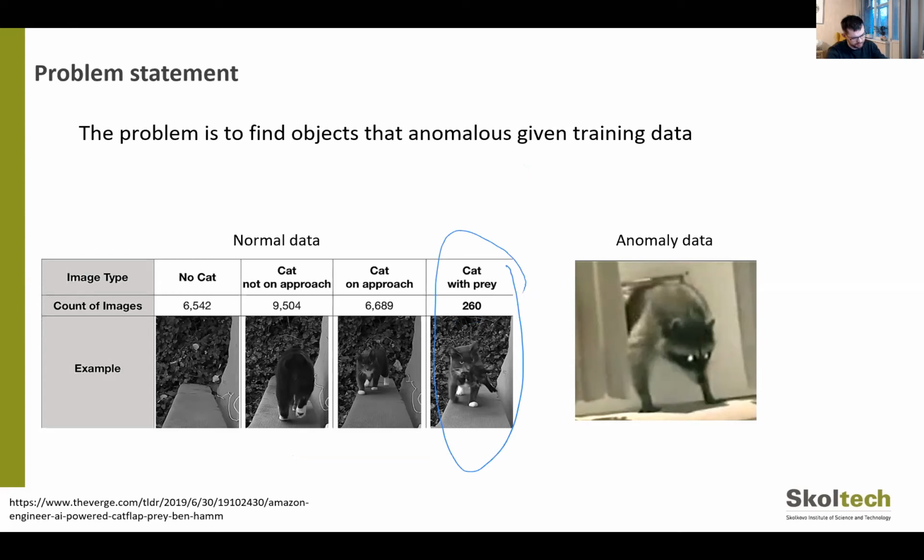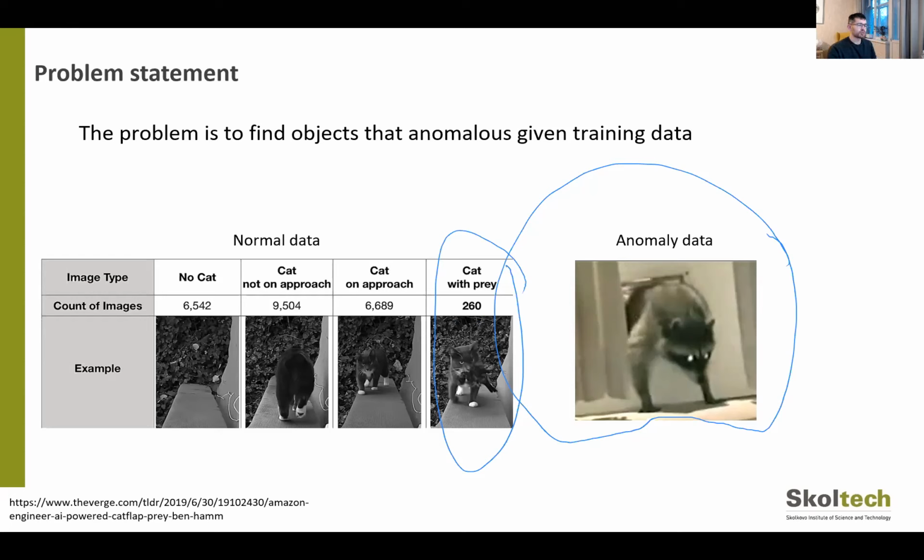But we can for sure consider a broader anomaly detection, not particular cats with prey and a related supervised problem, which is itself just an imbalanced classification problem. We need specific metrics, but in general we can use gradient boosting or whatever we have, even deep neural networks because the input is an image.